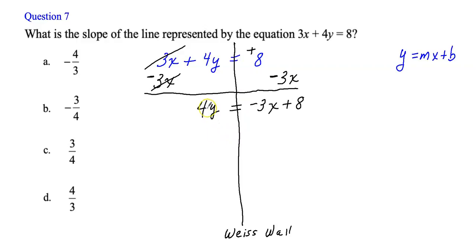Now the next step is to divide everything by 4. Remember, the ultimate goal is to get the equation in this form where the y is isolated or by itself. So this y is multiplied by 4. To undo multiplication, we do division. So I need to divide every term by 4.